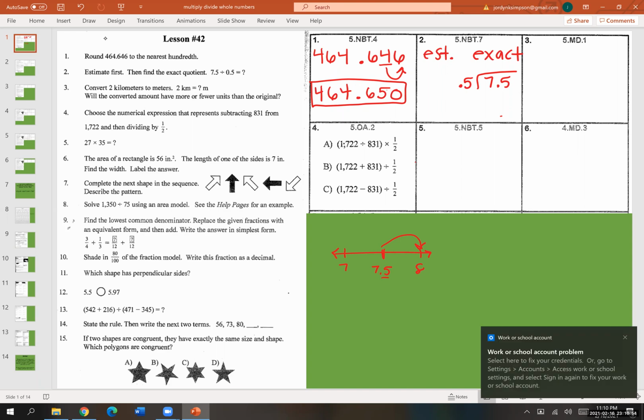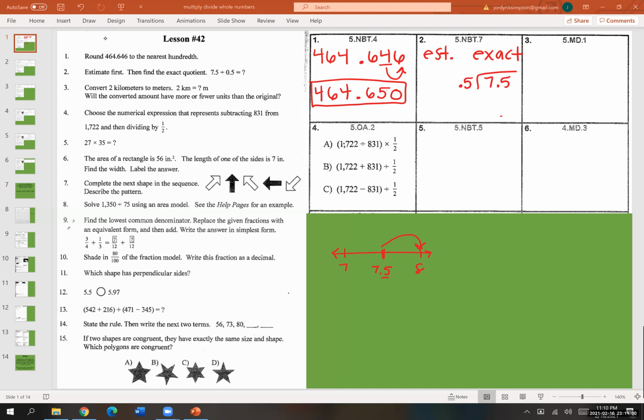Same with 4 or less, 5 or more: that 5 in the 7.5 will make us round up. So we would round to 8. And same thing with a half. You would have a 0 and a 1. If we were to plot 5/10 on there, that would be 5 or more, which would go up to 1. So then we would have 8 divided by 1. That one's a little bit more simple because we know 8 divided by 1.